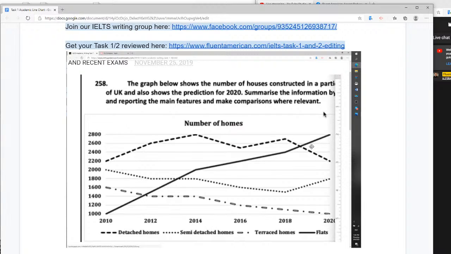So from 2014 to 2018, a time where the other groups faltered, they still managed to grow from 2,000 to 2,400.